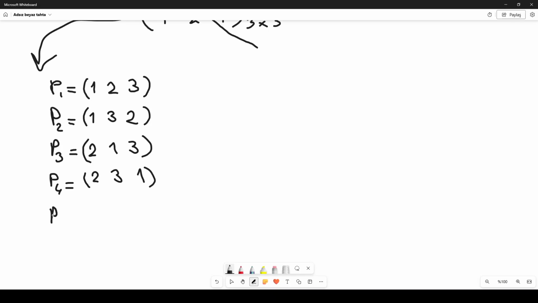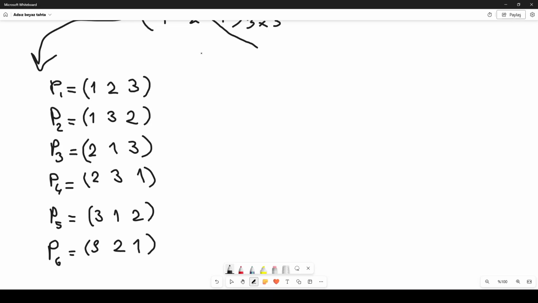P5 is equal to 3, 1, 2, and P6 is equal to 3, 2, 1. Now these are all the permutations that we can produce where we have 3 elements.